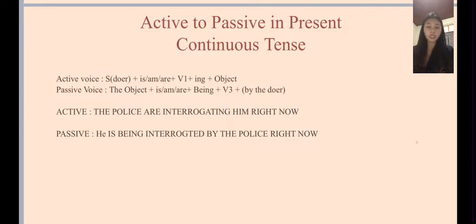And the passive voice, the form is the object plus is, am, or are being plus verb 3 plus by subject. For the example, the active is the police are interrogating him right now, and passive becomes he is being interrogated by the police right now.